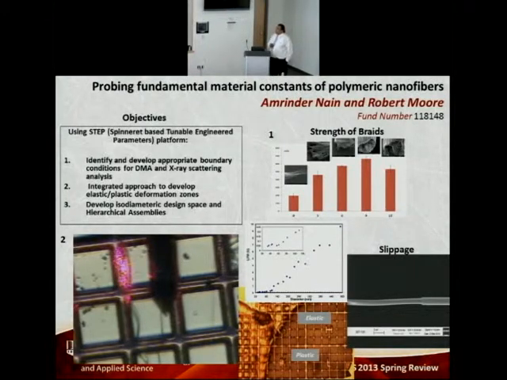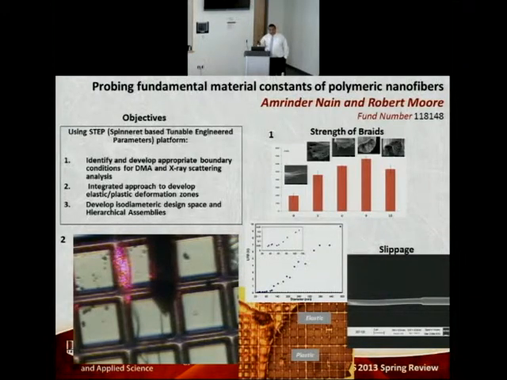To our dismay, we found that we cannot use DMA, obviously, at the single fiber level, so then we started making braids of fibers. For example, shown here, these are braids. Each braid consists of approximately 30,000 fibers or so. We made braids with differing twist numbers. If you increase the number of twists for the braids, obviously the mechanical forces increase.